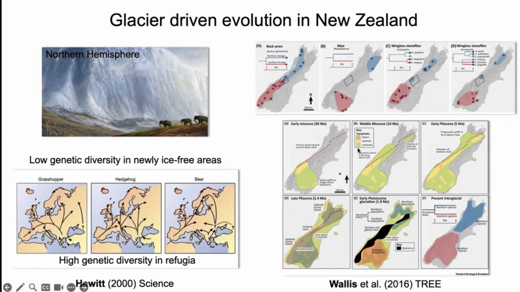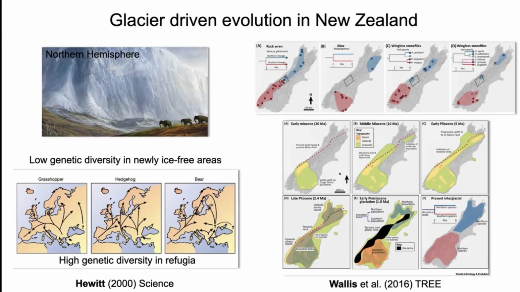So you get these continuous populations like you got in here, the early Pliocene. Glaciations come in, and especially with the uplift of the Alpine Fault, you get Southern Alps covered in ice, and it separates these populations into two different areas. They evolve in isolation, and you get lots more genetic diversity being created.